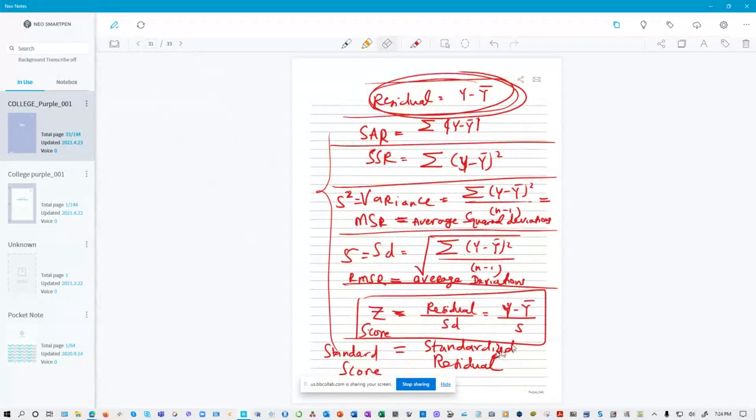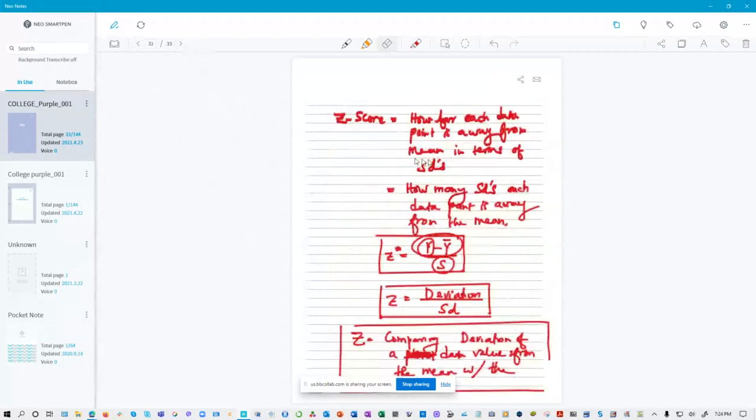So we can talk about this in more detail. The z-score is how far each data point is from the mean in terms of standard deviations. Or you can say how many standard deviations each data point is away from the mean.